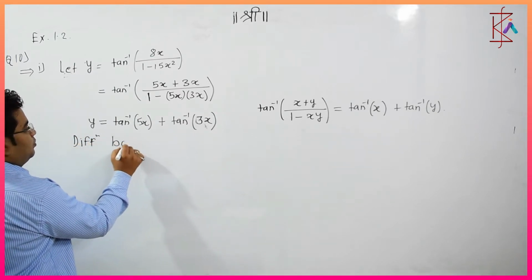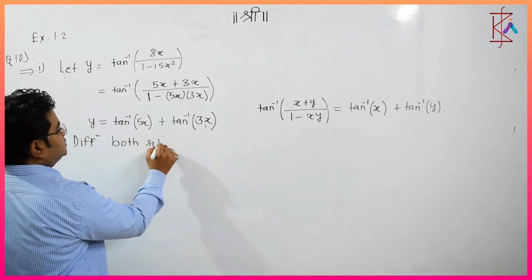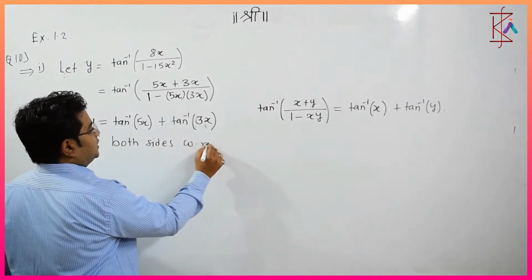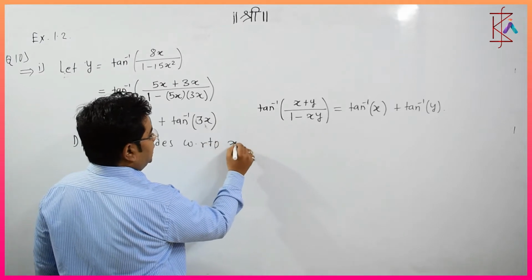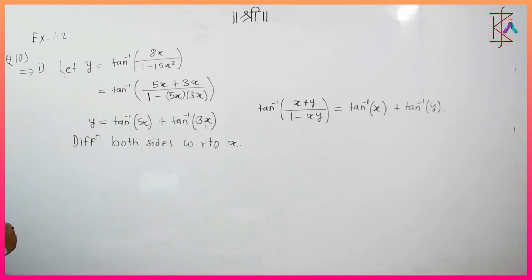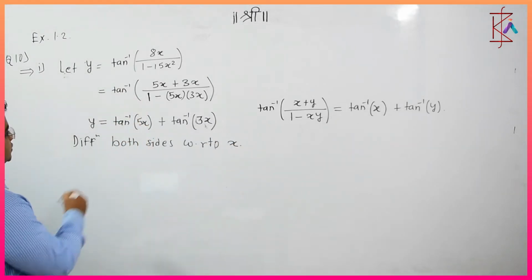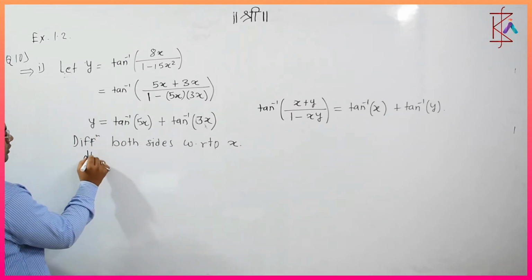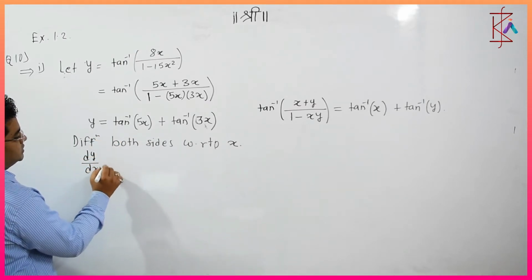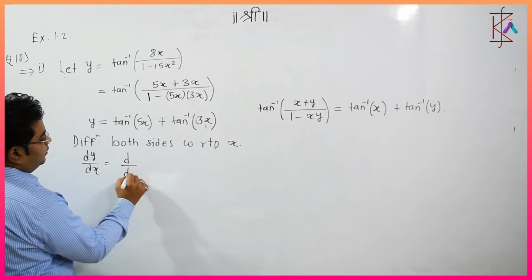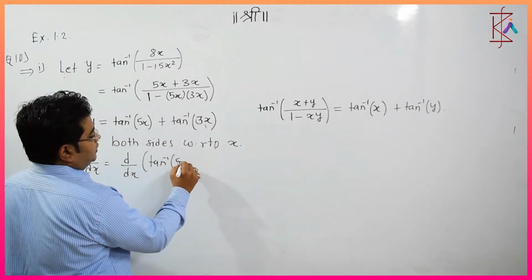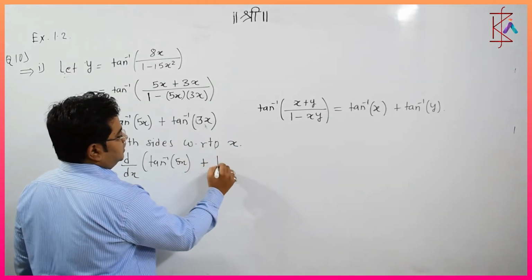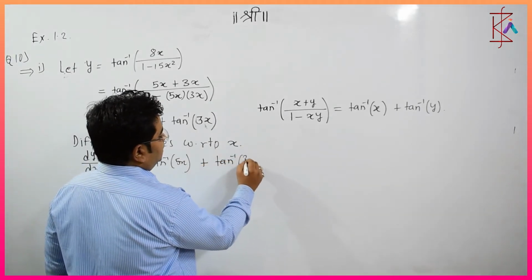Differentiating both sides with respect to x, what will happen? dy upon dx is equal to d upon dx of tan inverse of 5x plus tan inverse of 3x.